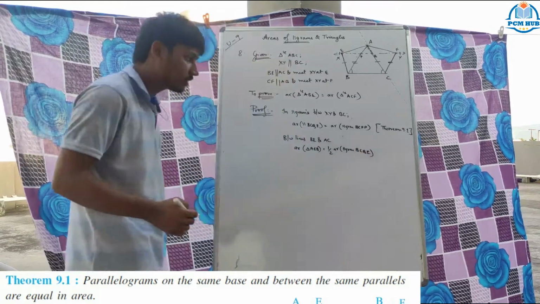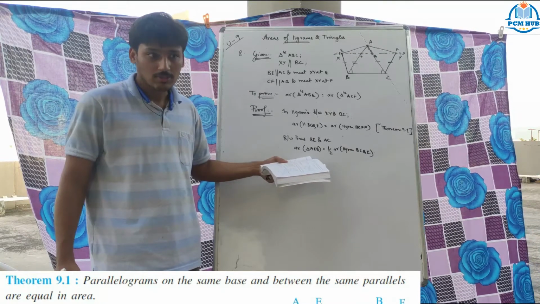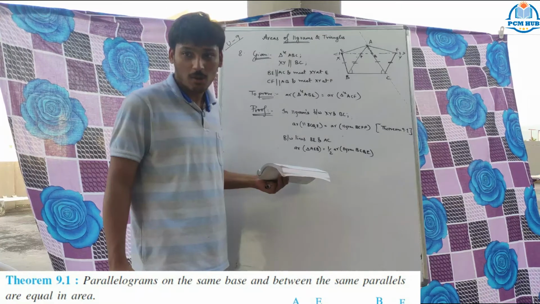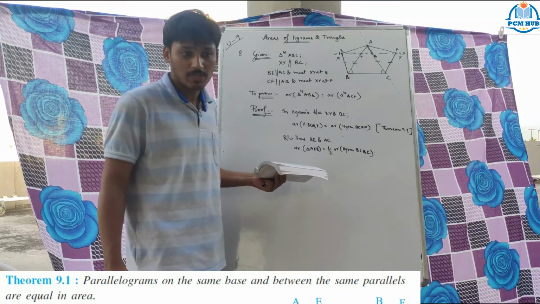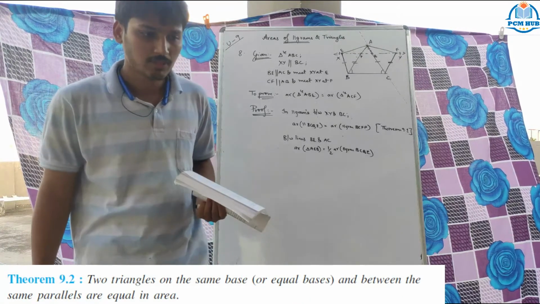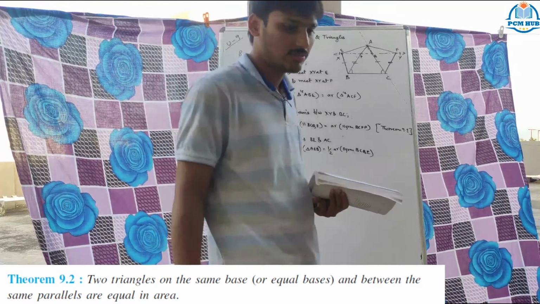Already I told you, I did the proof for this. You did it, right? Remember, I told you to note this down. It was an example problem, but I told you to do it as a theorem. Did it, right? In the earlier class. Good.